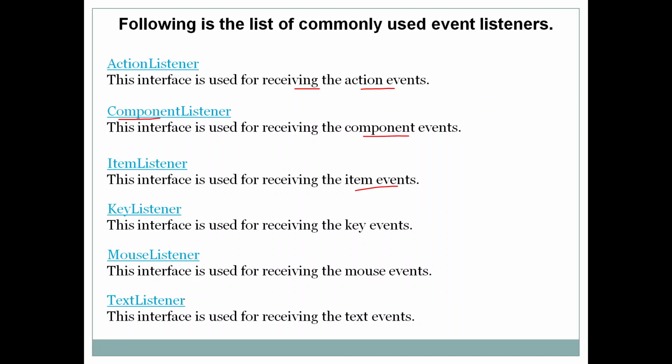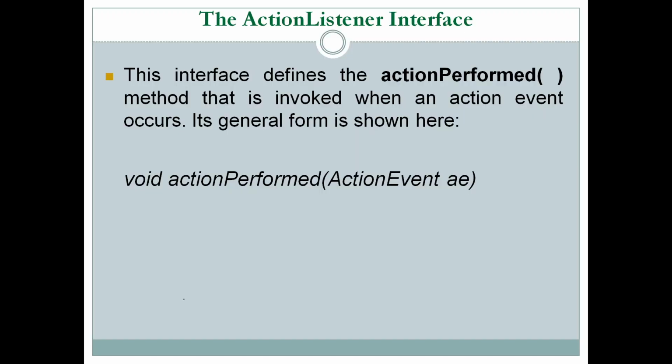An interface includes abstract methods and final fields, so all those interfaces contain method declarations, not definitions. Definitions will be provided by the classes which inherit these interfaces, and that is the reason in the last example MyListener was inheriting the ActionListener interface and providing the implementation for the method actionPerformed.